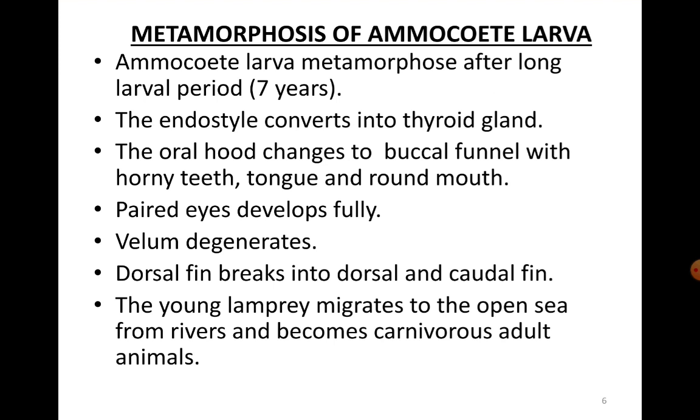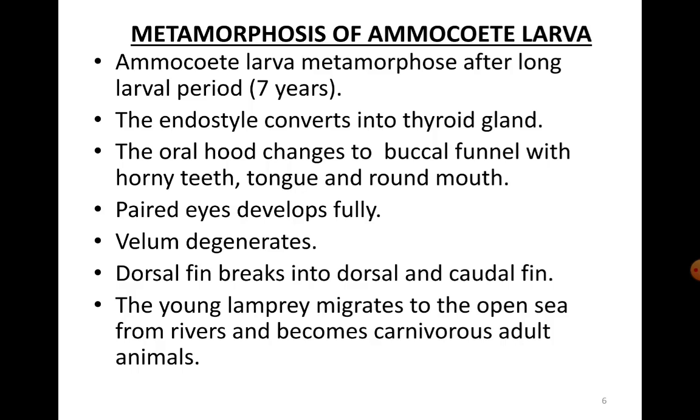Endostyle changes into a thyroid gland below the pharynx. Velum becomes reduced to guard the opening of the respiratory pharynx only. Then esophagus separates from the respiratory pharynx, which becomes like a blind sac. Gallbladder and bile duct disappear because there will be a change in the feeding habit of this Ammocoete larva.